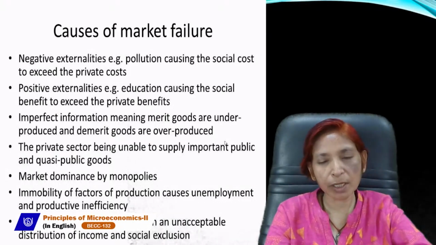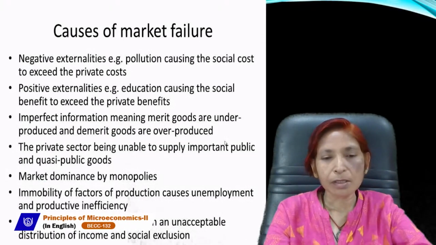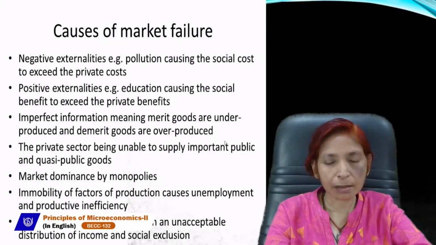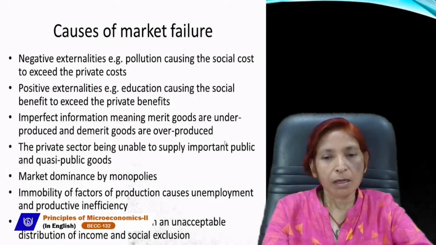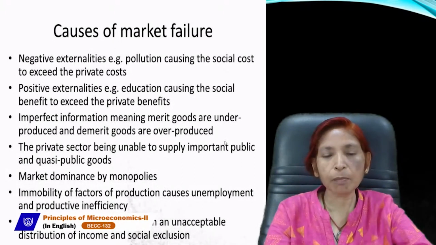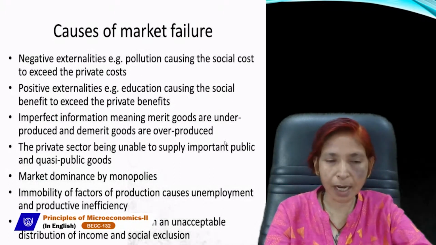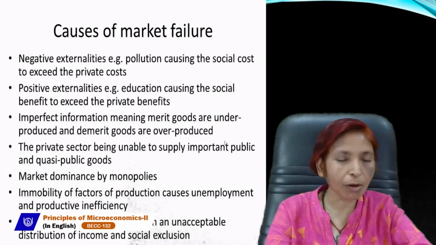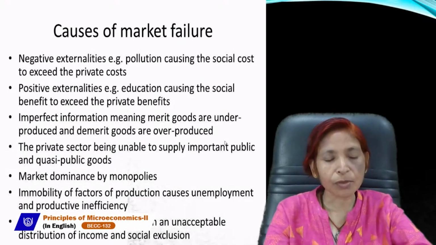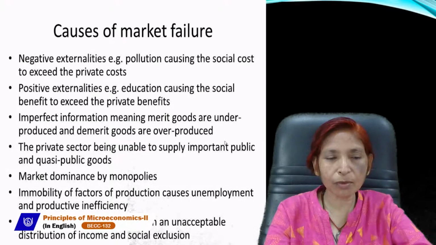Everyone can use public goods, for example, street lights, parks, roads, and bridges. These things are public goods which can be used by each and every person, whether they are paying for that good or not. So in the case of public goods, the market also fails.